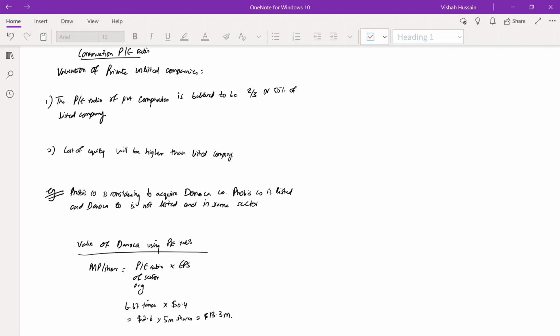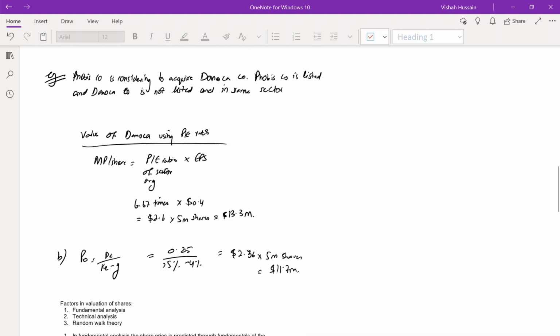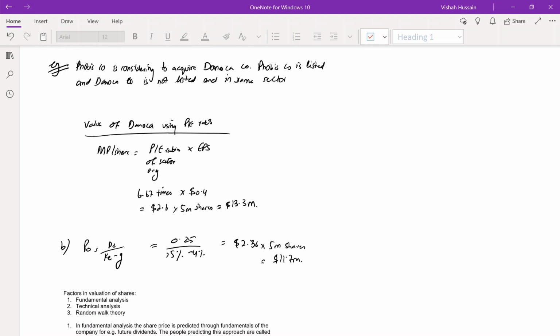So the cost of equity will be higher than listed company. Example is Forbes company is considering to acquire Denoka company. Forbes company is listed and Denoka company is not listed and is in the same sector.